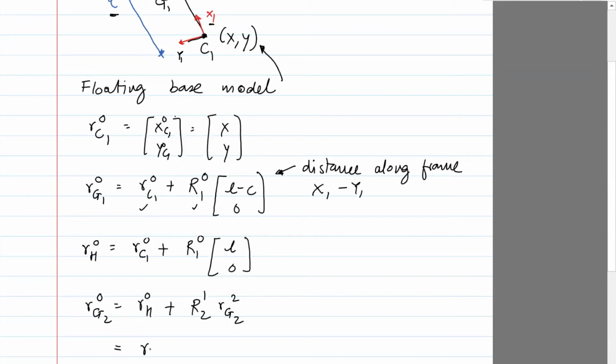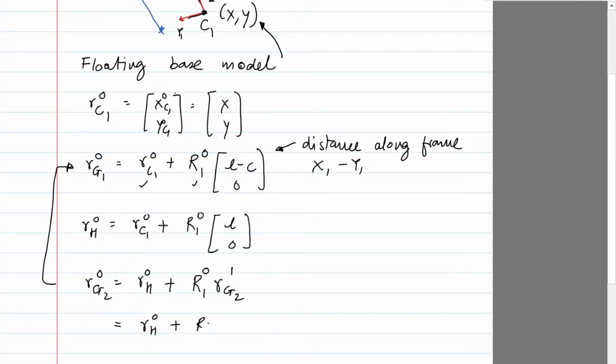So this is RH0 plus, my bad. I should probably write it slightly differently. This should be RG2 in frame 1 times R10, right? So this is just formula following the same recipe as this one. Okay, but RG2 is R21 RG2 frame 2. That's slightly better.